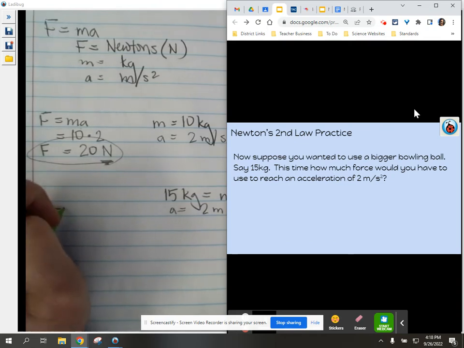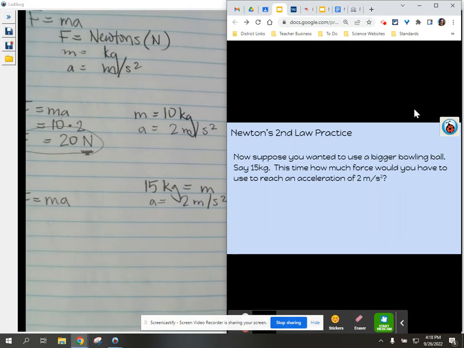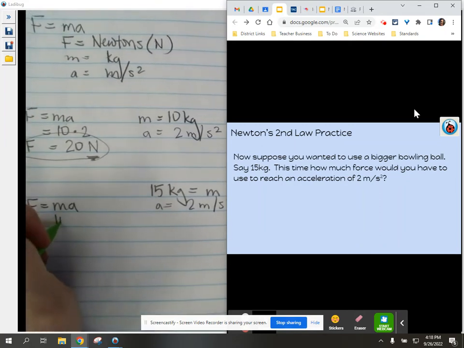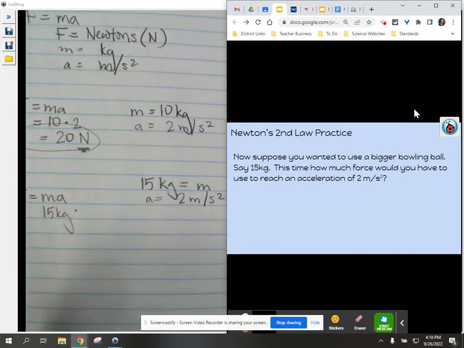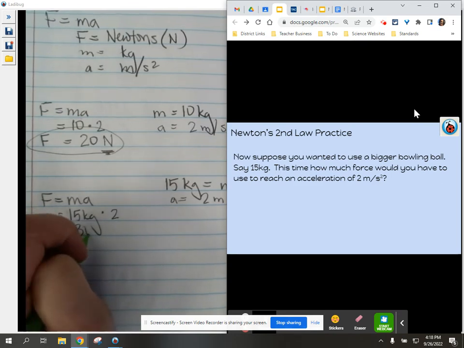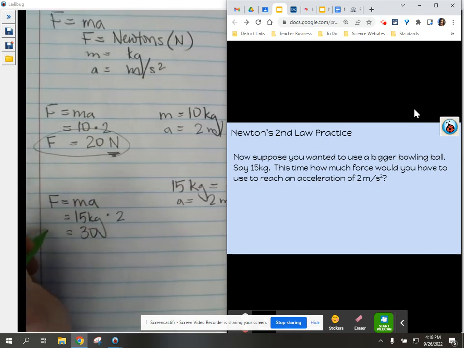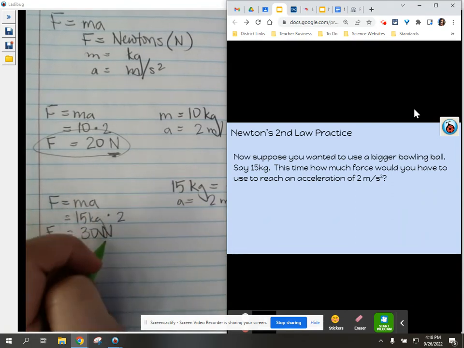F equals mass times acceleration. So what can we fit in? We know the mass is 15 kilograms. We know we want it to accelerate at 2 meters per second squared. So when we multiply those together, we get 30, and again, it's force, so 30 newtons.